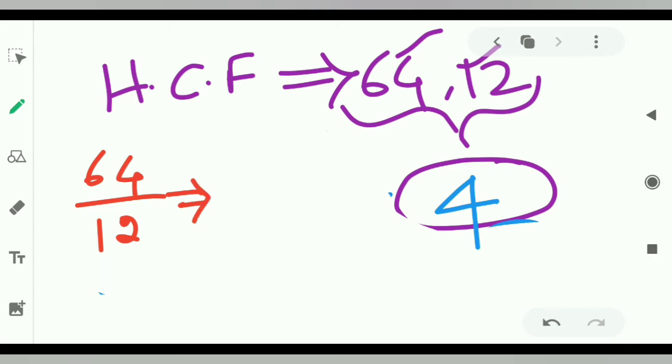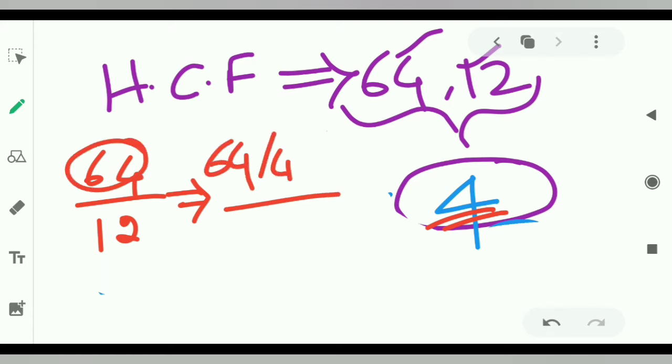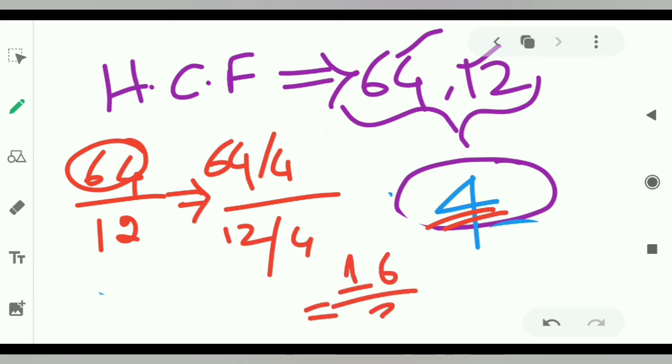As we know the highest common factor is 4, we divide 64 by 4 as well as 12 by 4, which is nothing but 16 divided by 3. Yes, we have got these numbers easily, right?